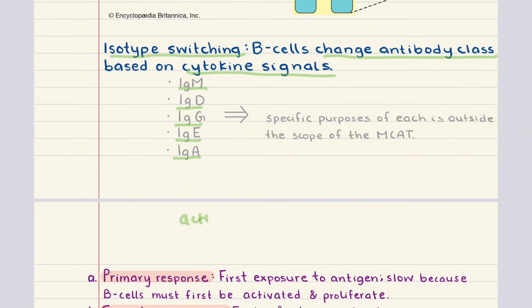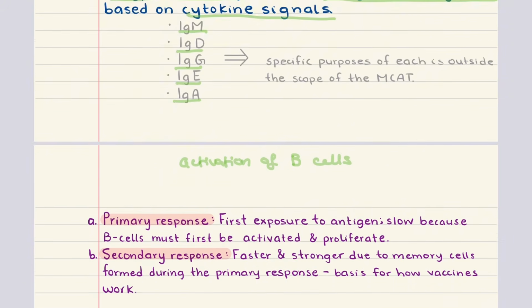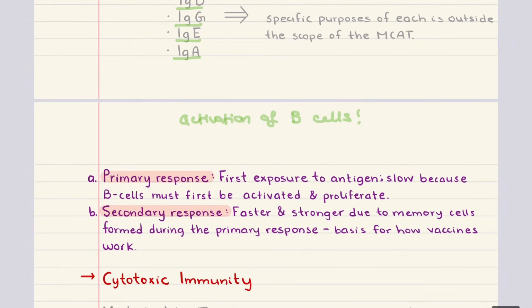Lastly, the activation of B cells follows the principle of clonal selection, where only the B cells with receptors specific to the antigen are selected to proliferate and form an army of identical cells.